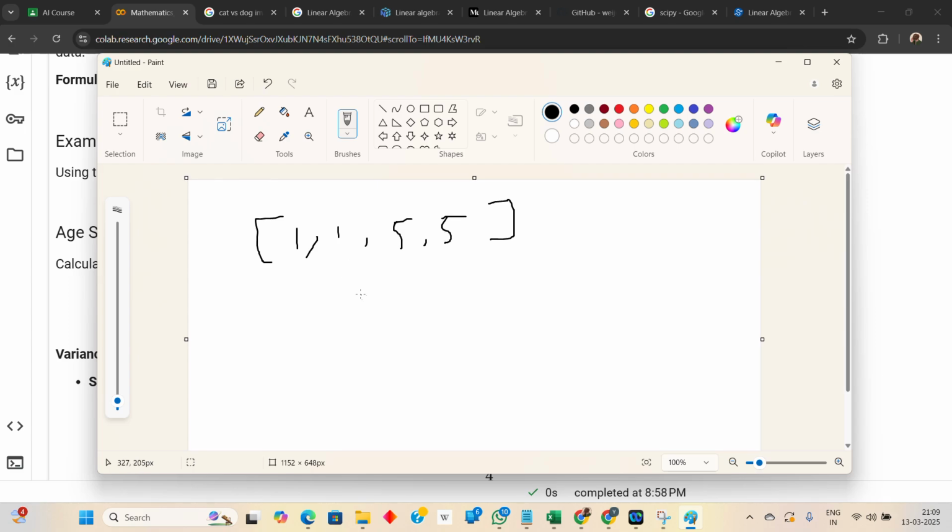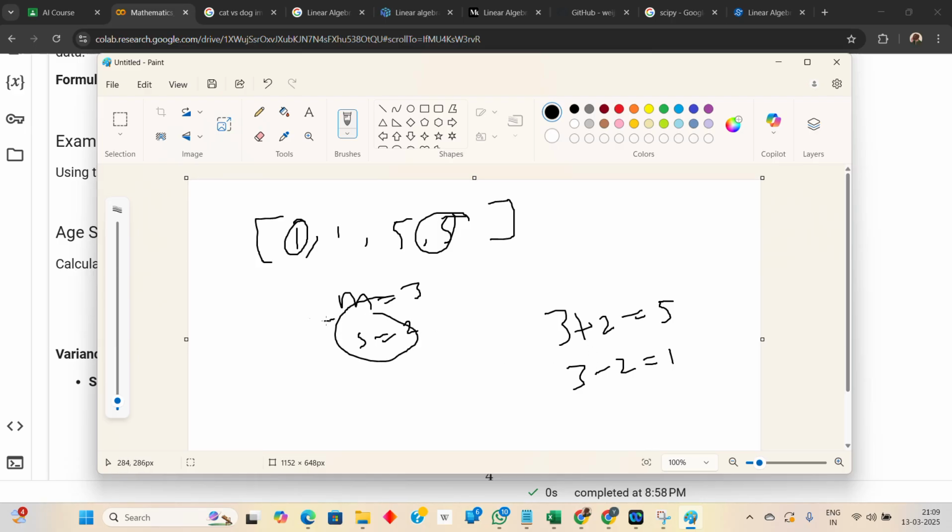The mean is 3, the standard deviation is 2. So 3 plus 2, how much? 5. That is the maximum value, right? 3 minus 2, how much? 1. So that is the minimum value, right? If you add or subtract the standard deviation from the mean, then you will know the complete spread of the data, where exactly it started and where exactly it ended.